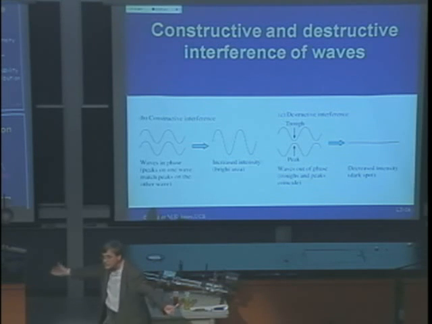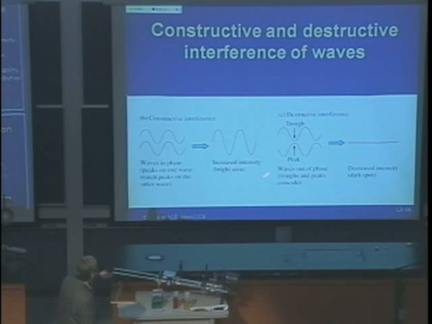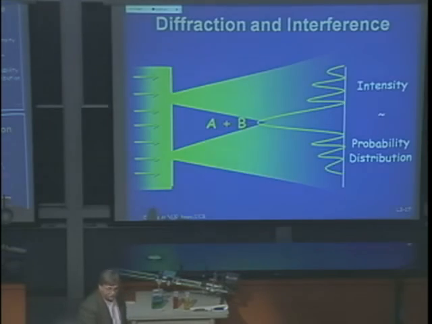They annihilate each other. They extinguish each other. So you see nothing. This is called constructive interference, and this is called destructive interference. Constructive means it gets brighter, the amplitude gets increased, and destructive means it zeroes itself out.